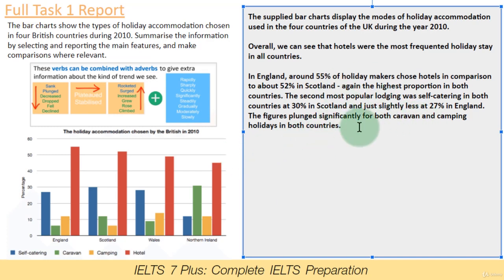I want to quickly give the percentages. I don't want to then go into another long sentence, as I think I'm probably getting, from just looking at this so far, to about the right size for my paragraphs here, especially my detailed paragraphs. So I'm just going to say the figures plunge significantly for both caravan and camping holidays in both countries at between, let's find the lowest. It looks to be around 16%.